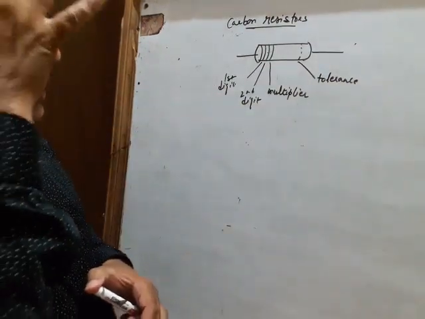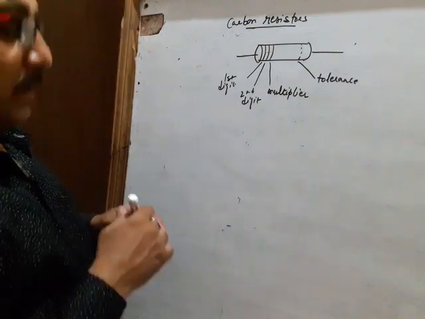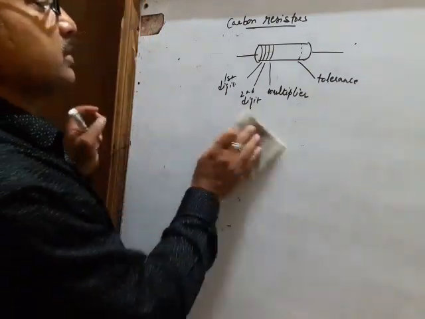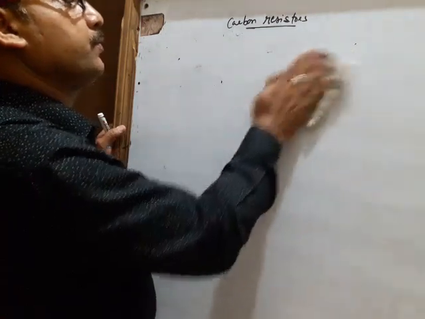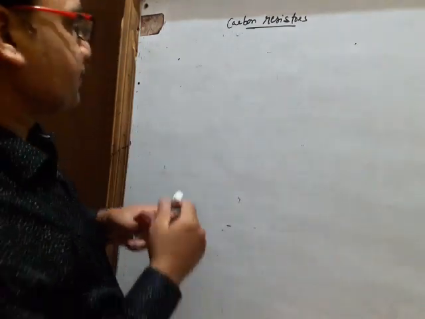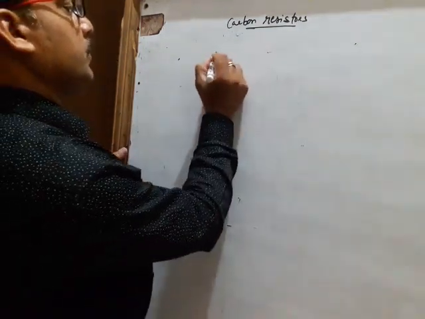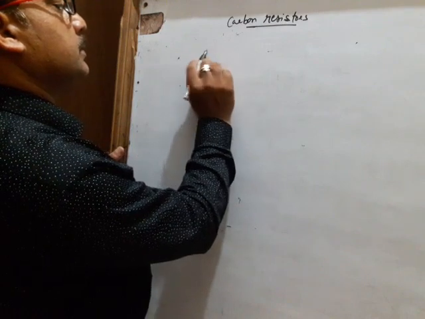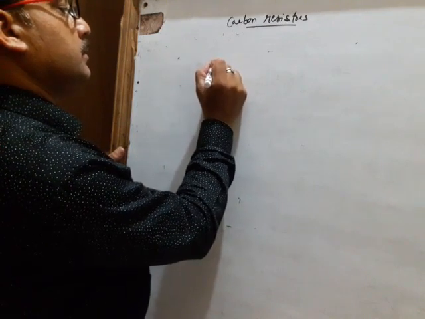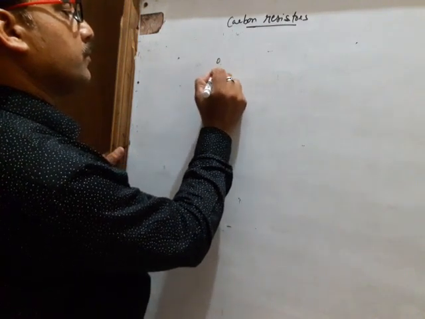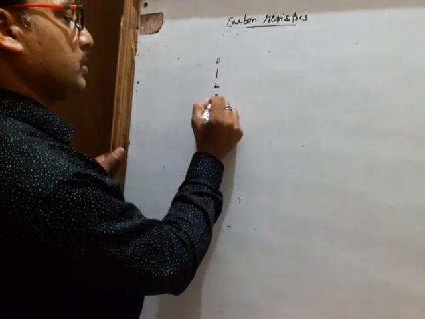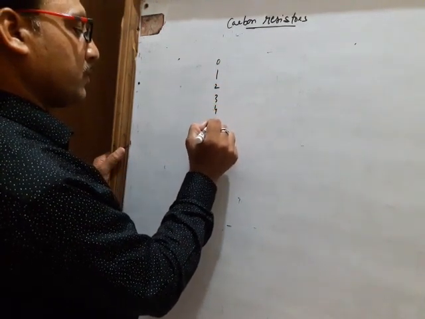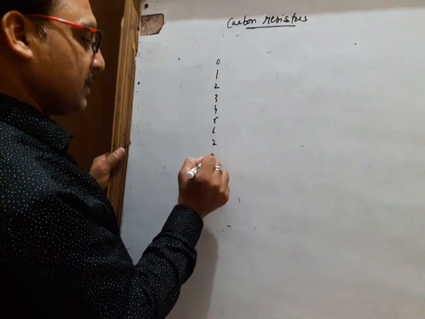This is how we identify the carbon resistor. Now how to read the value of the carbon resistor? I will tell you the table. The digits are 0, 1, 2, 3, 4, 5, 6, 7, 8, 9.